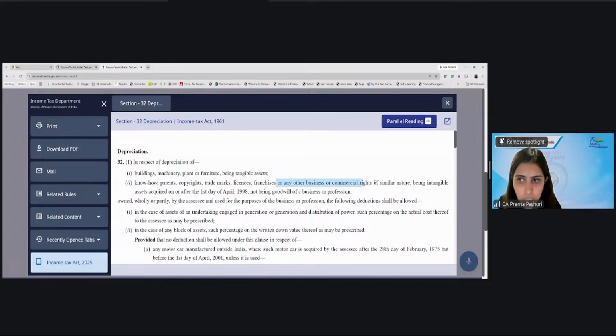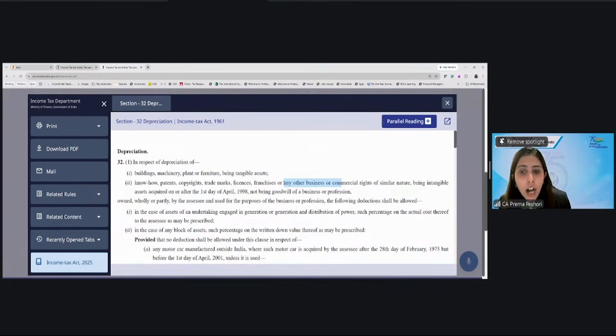To understand the meaning of this term, I am understanding what these mean. So these are intangibles. So any other business or commercial rights of similar nature will also be something in the nature of intangible. For example, licenses. For example, rights of tenancy. Any other transferable rights. Right?